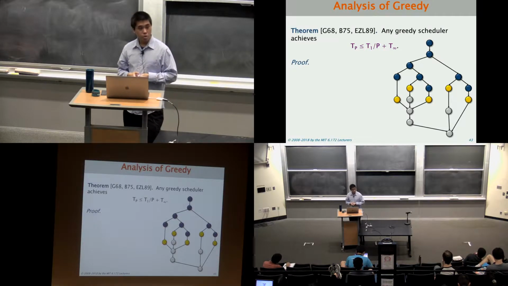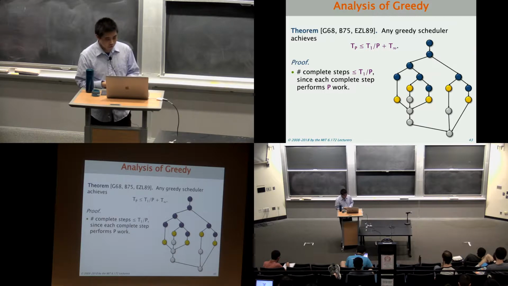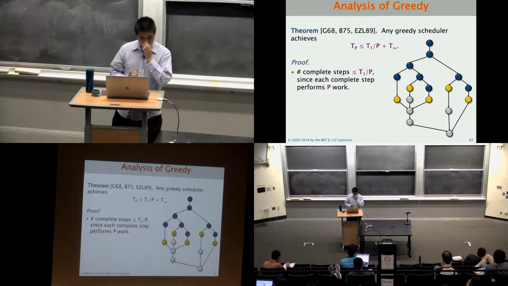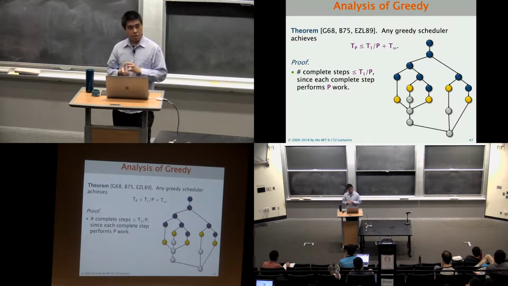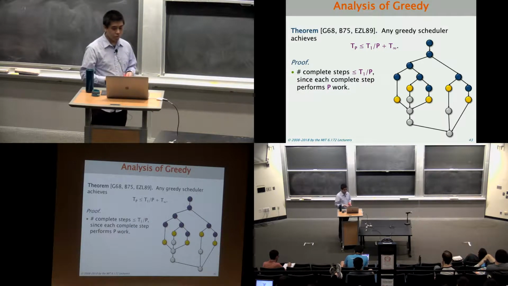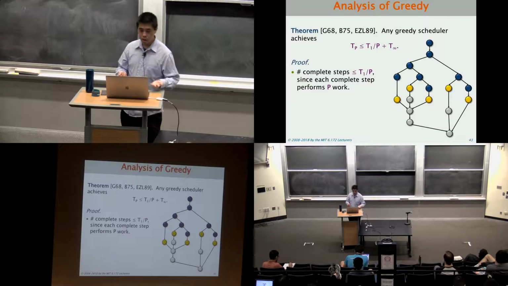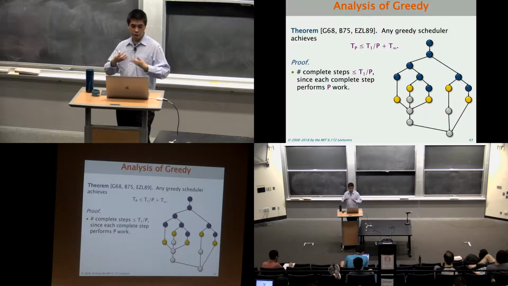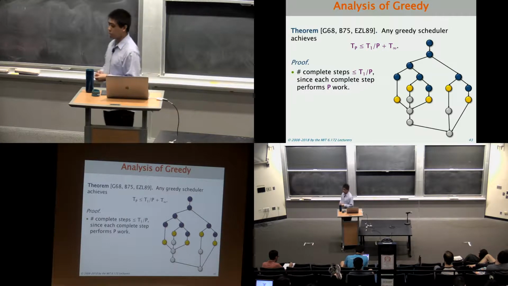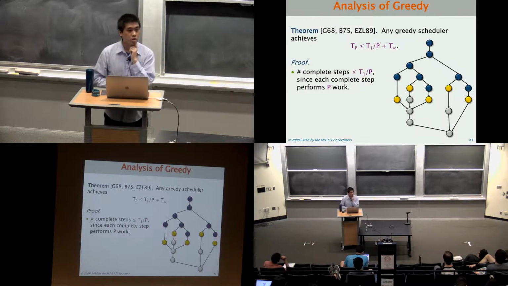Here's a simple proof for why this time bound holds. We can upper bound the number of complete steps in the computation by T_1 over p. This is because each complete step is going to perform p work. So after T_1 over p complete steps, we'll have done all of the work in our computation. That means the number of complete steps can be at most T_1 over p. Any questions on this?